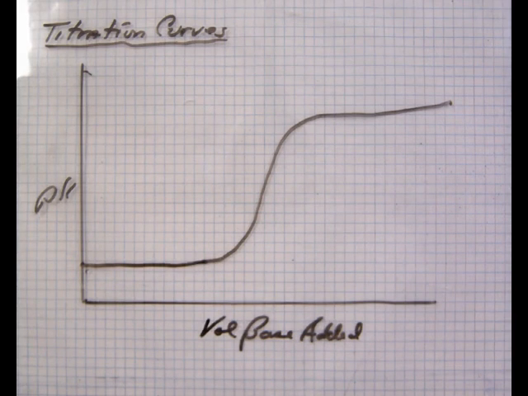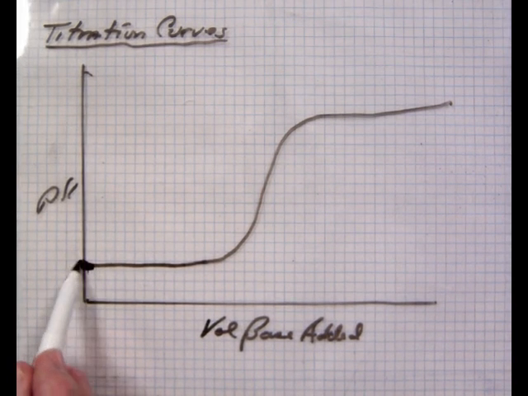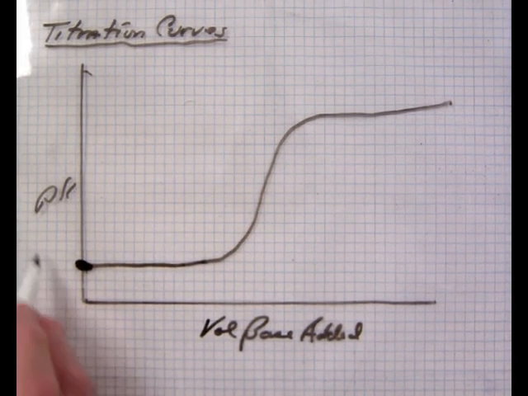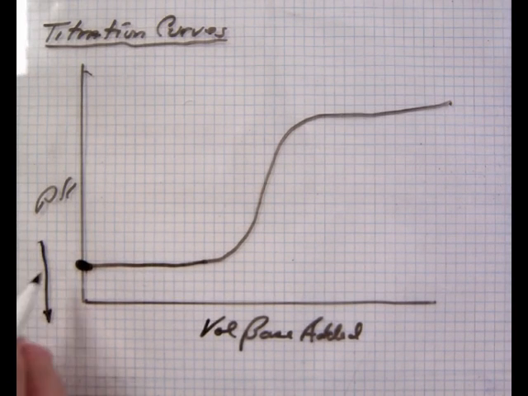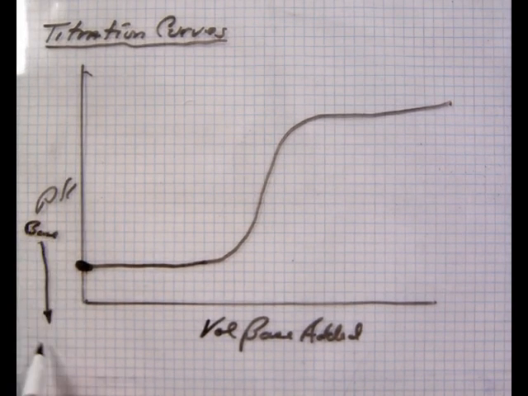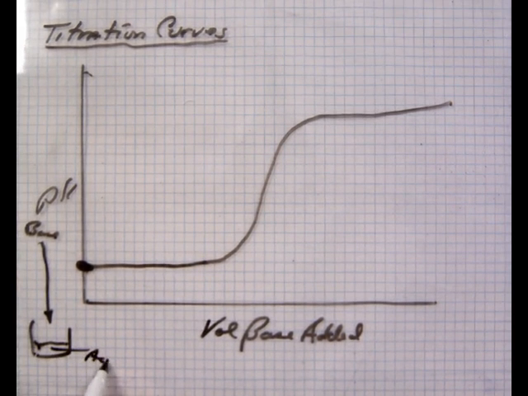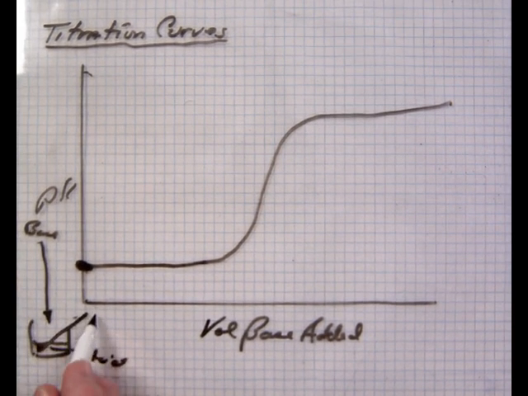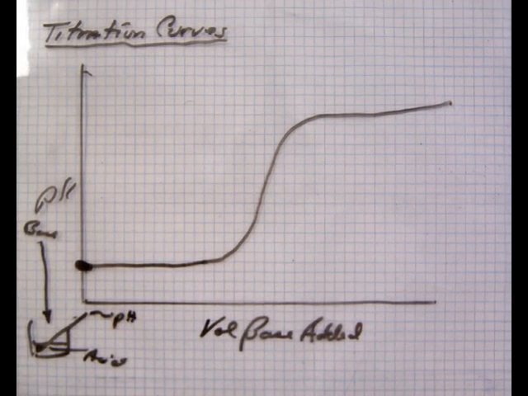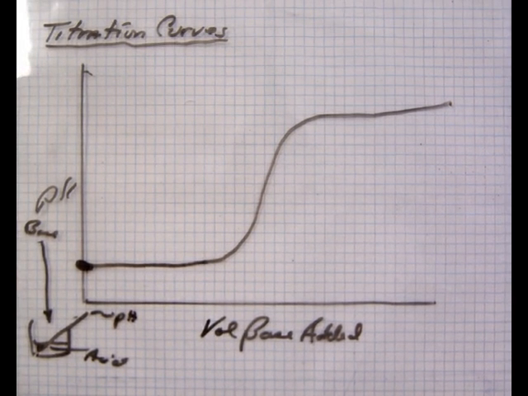Now, I'm just drawing a typical titration curve, adding a base into an acid. Now, when you look at the curve, how do you know it's a base into an acid? Well, you're monitoring what's in the container. And so the base is up here, adding into an acid down here, and you have your pH electrode at the bottom.